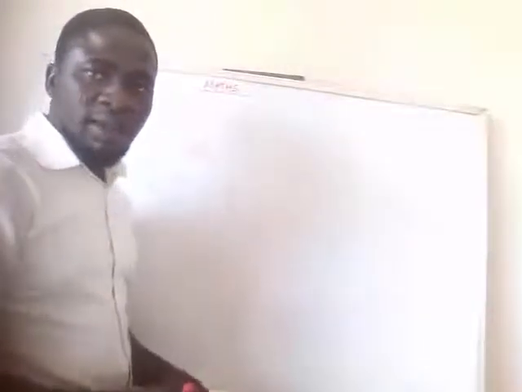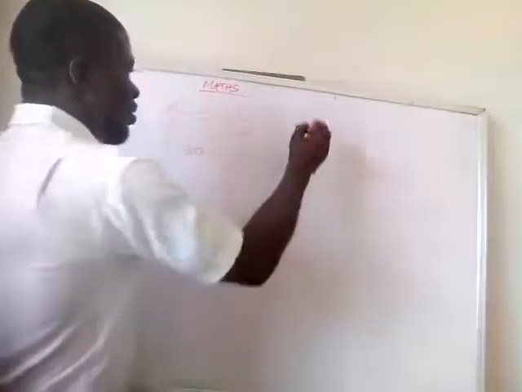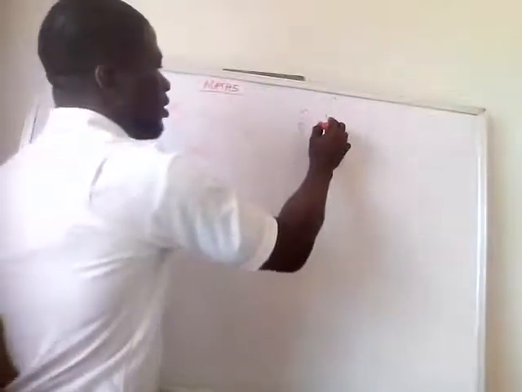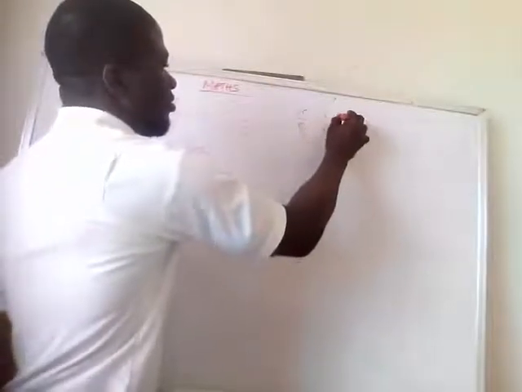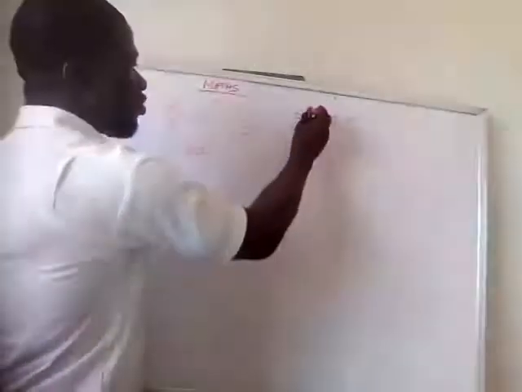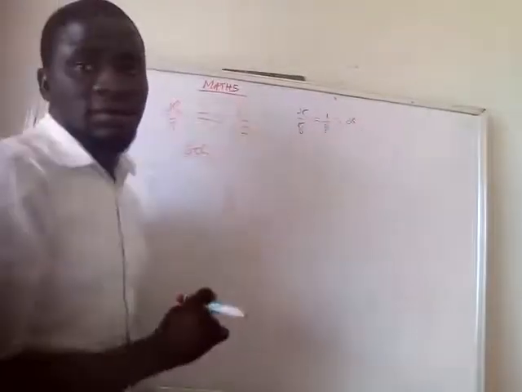You multiply by the inverse of 1 over 8. You remember I told you that x over 8 is the same thing as 1 over 8 times x. So this is what you have.